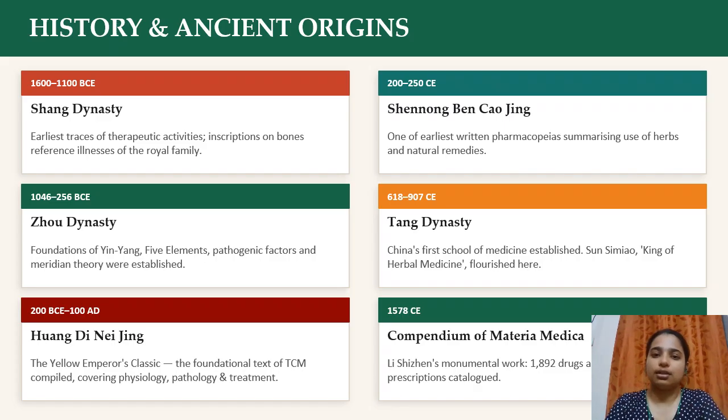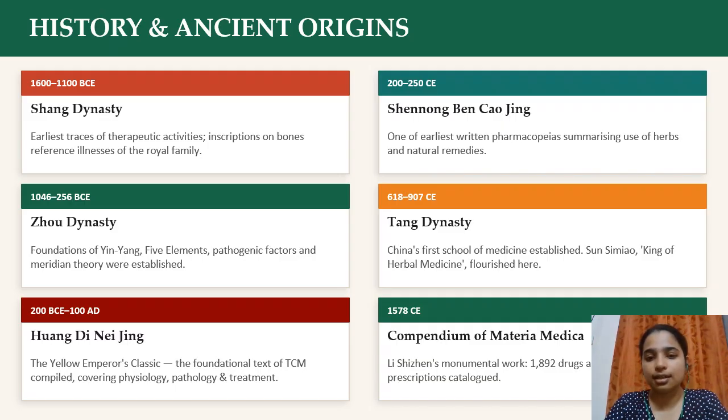So in this comes the Shennong Bencao Jing, which is a written pharmacopoeia in which the uses of herbs as well as natural remedies are dictated. It is under the Han dynasty which led to the written pharmacopoeia, the Shennong Bencao Jing.